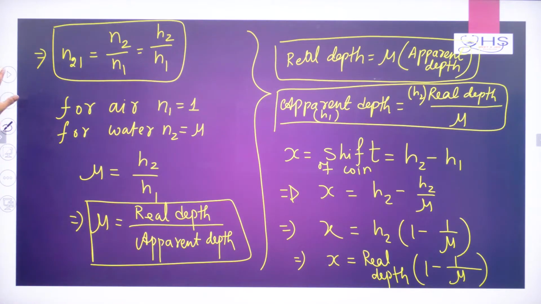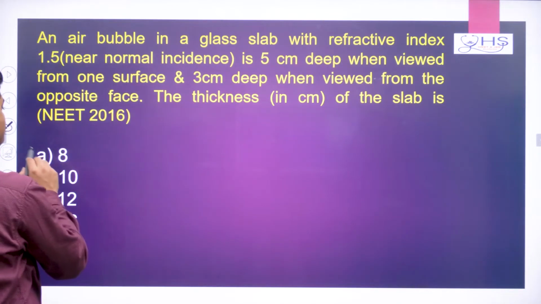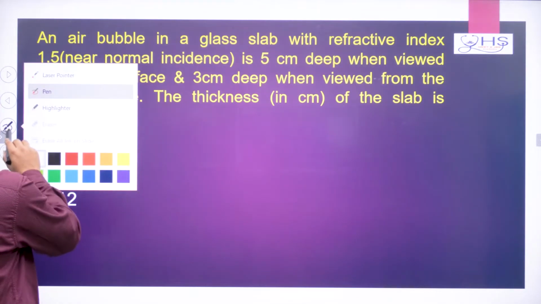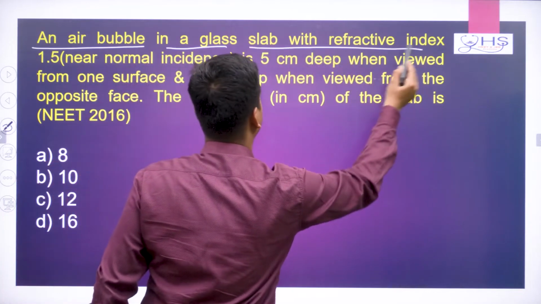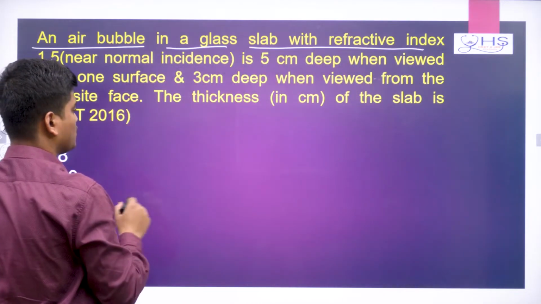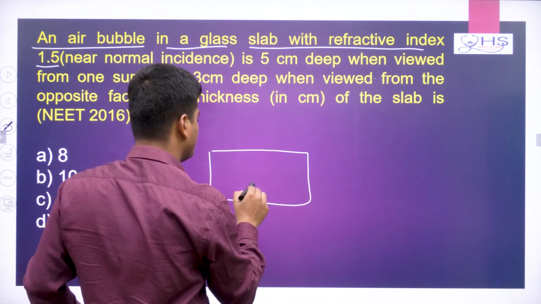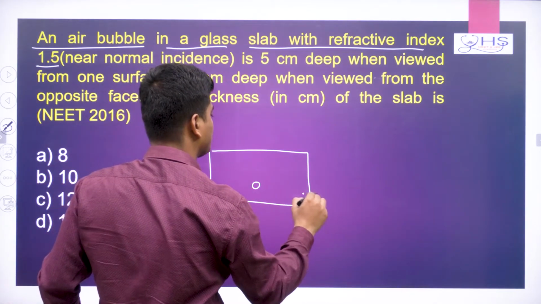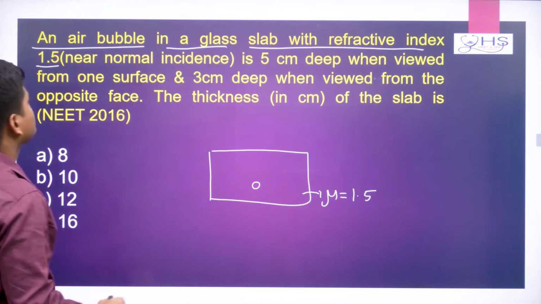Now we will go to the next MCQ type question based on this. An air bubble in a glass slab with refractive index 1.5. They told that there is a glass with an air bubble inside, and the glass refractive index, let us take mu, is 1.5.